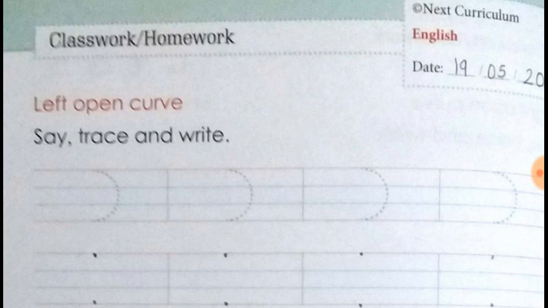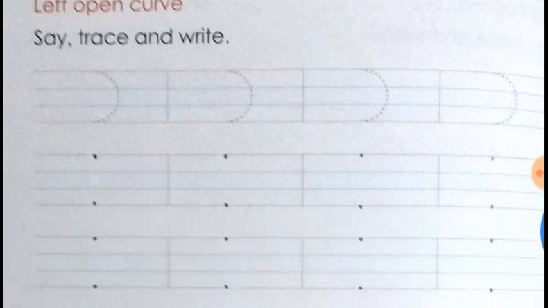So again students, you have to trace here the left open curve, and after that ask your parents to put dots on the red line, and you have to join the dots with correct formation and name the strokes also. Fine. Children, please take care of your handwriting because these strokes will help you make letters further on. Okay.